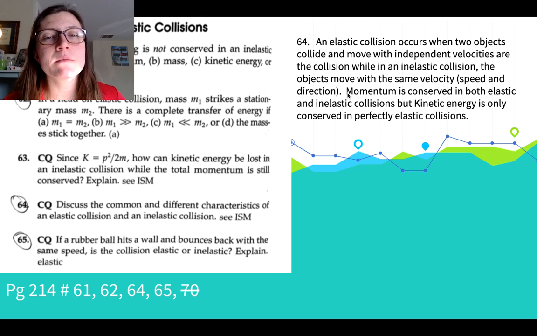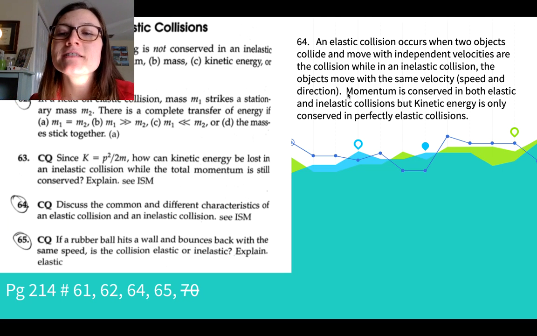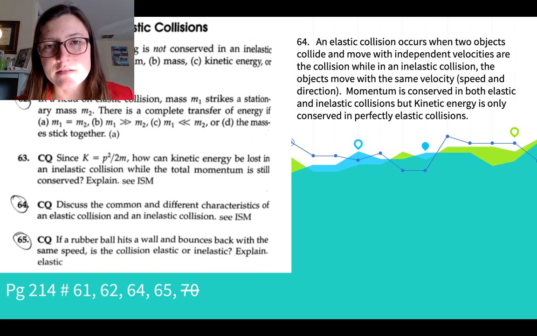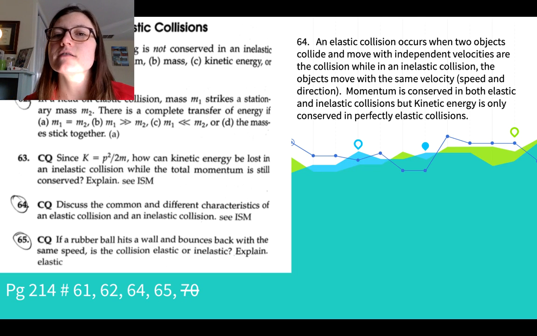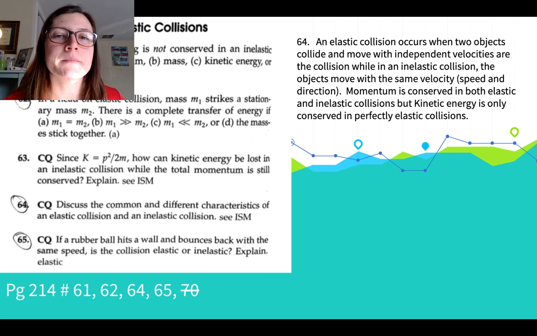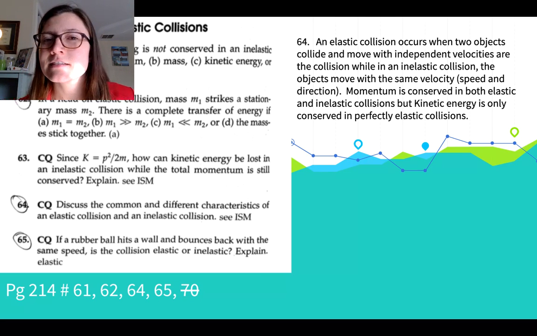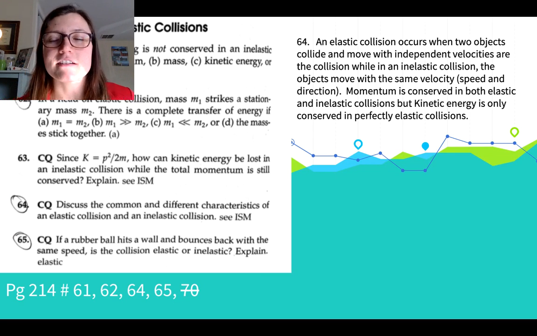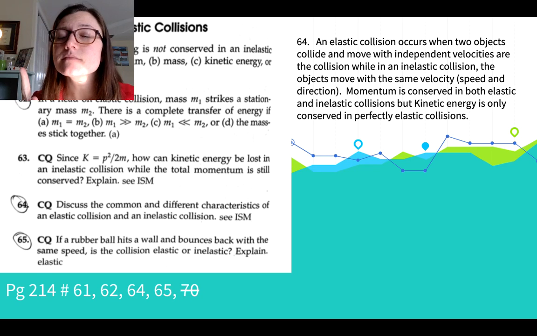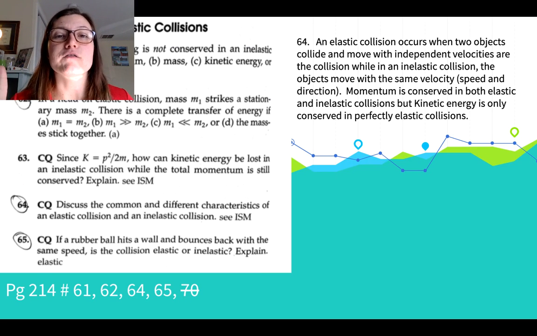Okay, and the main point there, right, is that momentum is conserved in both collisions, but kinetic energy is only conserved in perfectly elastic collisions. Okay, and perfectly elastic, again, means that kinetic energy is conserved, and that no object suffers a permanent deformity after the collision.